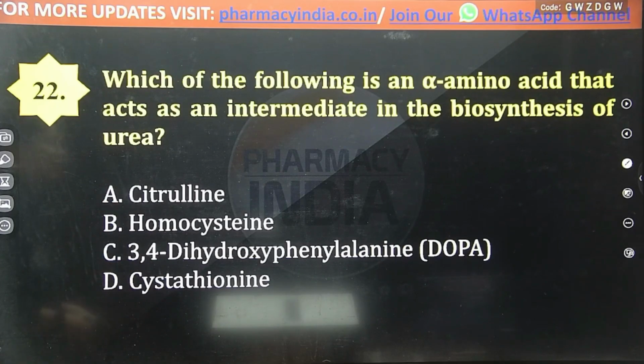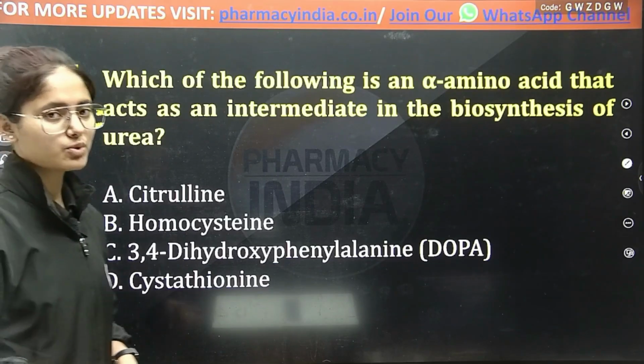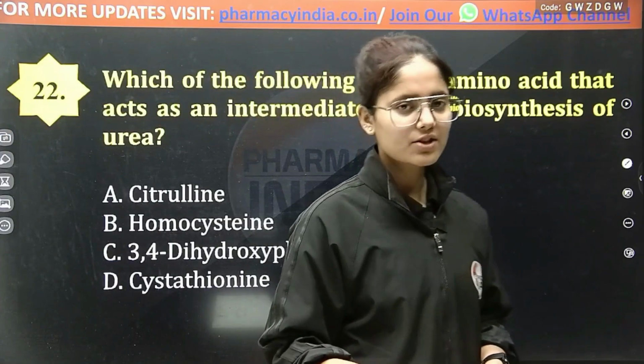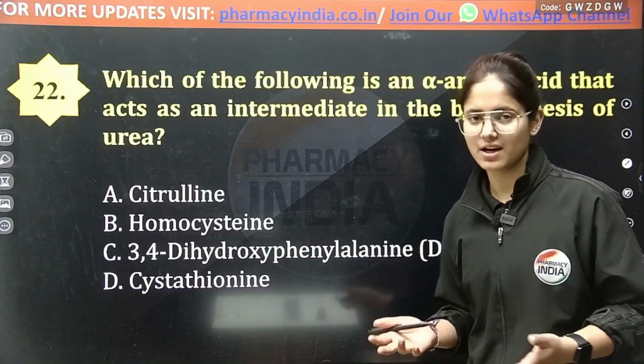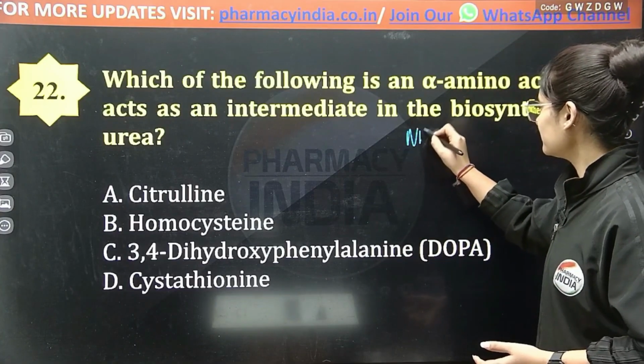Which of the following is an alpha amino acid that acts as an intermediate in the biosynthesis of urea? Basically, urea is formed from ammonia. What is ammonia?